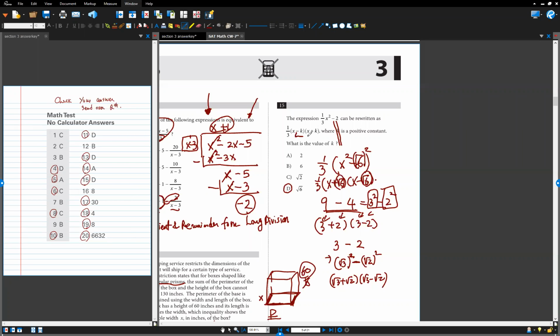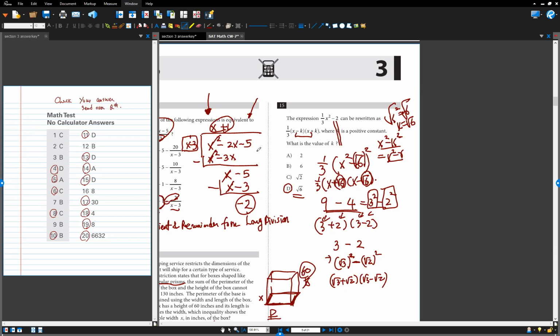Or you can multiply this out. x minus k, x plus k is x squared minus k squared. That should be equal to x squared minus 6. Equivalent. Now what is the value of k? k squared is 6, so k is the square root of 6. So square root of 6 is the answer. You can use it either way.